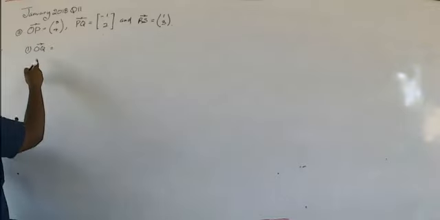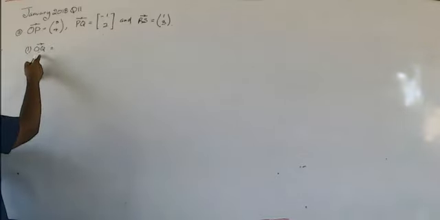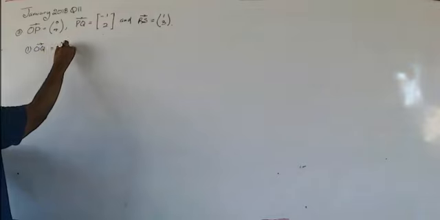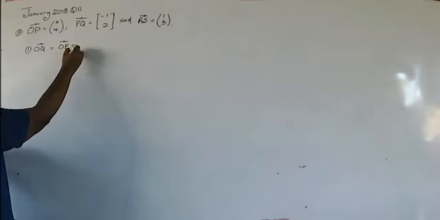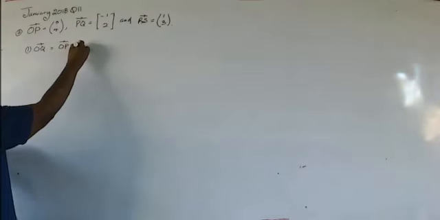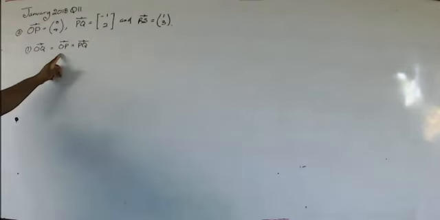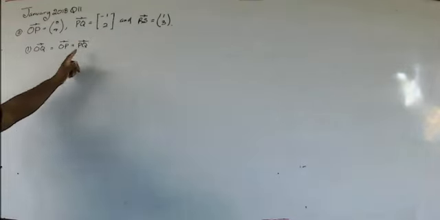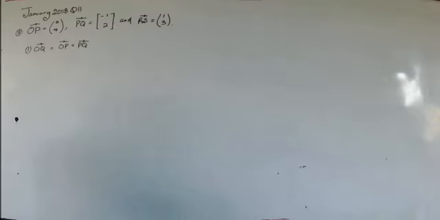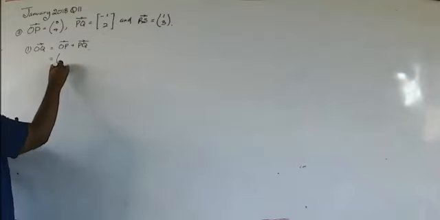So, by the triangle law, OQ would be equal to OP plus PQ. We started at O, we end at Q, and the next letter is in the middle. What is OP? 3, 4.